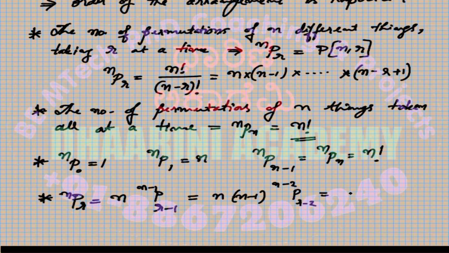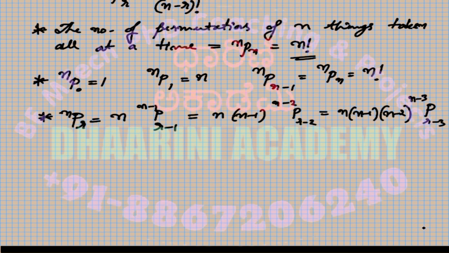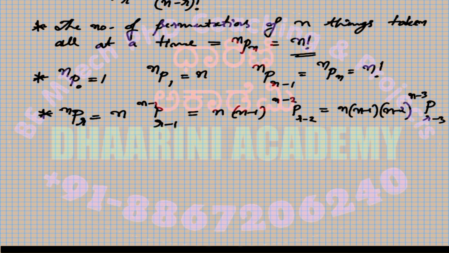That is also equal to n into (n minus 1) into (n minus 2) into (n minus 3)P(r minus 3), and so on. You can even write n into (n minus 1), (n minus 2), (n minus 3) into (n minus 4)P(r minus 4), and so on.